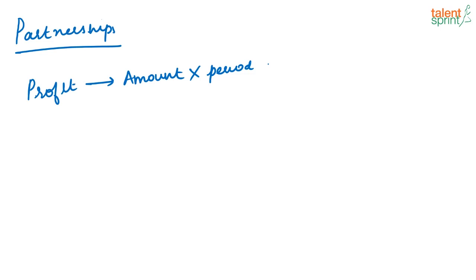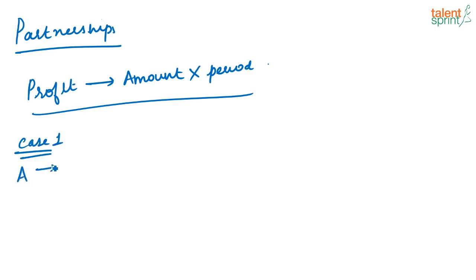For example, now when it comes to this, there are 3 possible cases. Let us assume each case and then you will understand what I am trying to say in a better way. So I am assuming there is a first case. In the first case, there is a person A who is investing X rupees for a period of P years, and there is a person B who is investing Y rupees for a period of Q years.